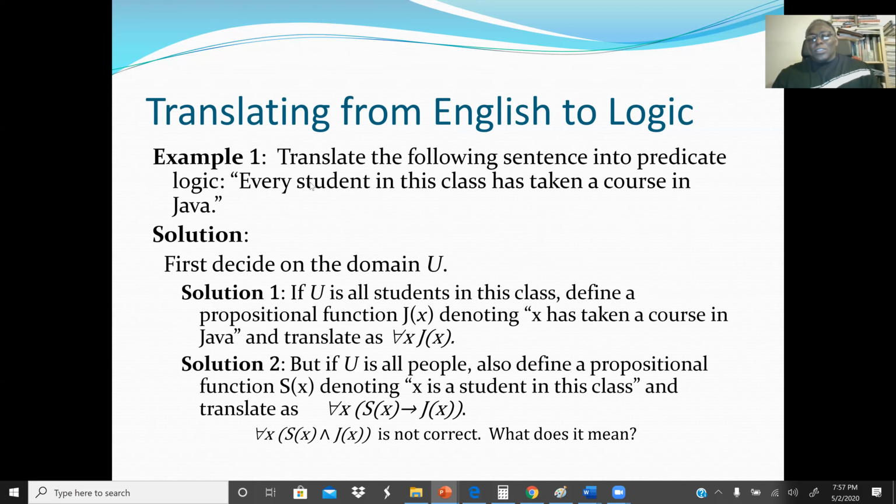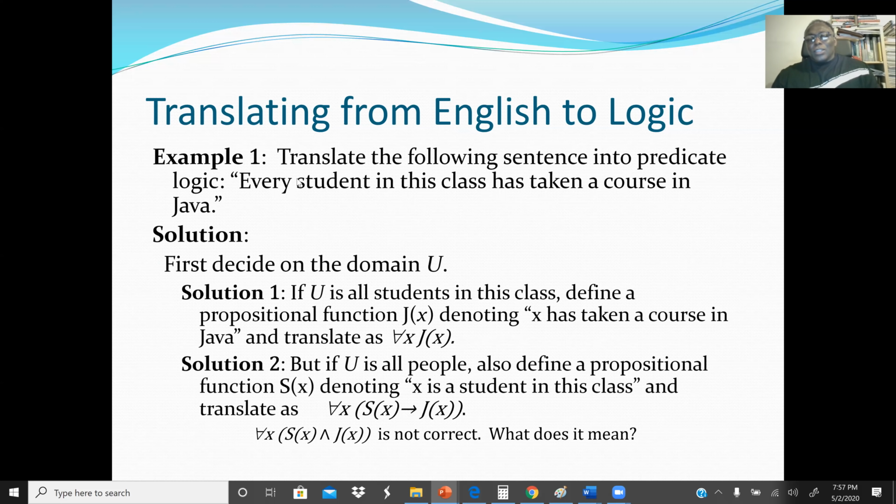So in this case, I can say every student in this class has taken a course in Java. If x represents the students and J can be Java, I can have a predicate J(x). And remember, all students, every student. So I will say for all x, J(x) means all students have taken the Java class.